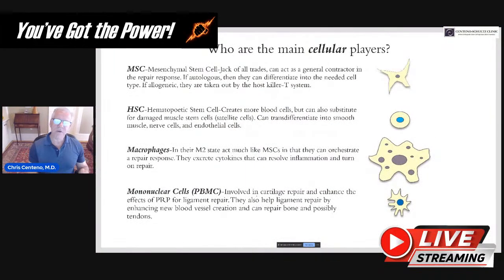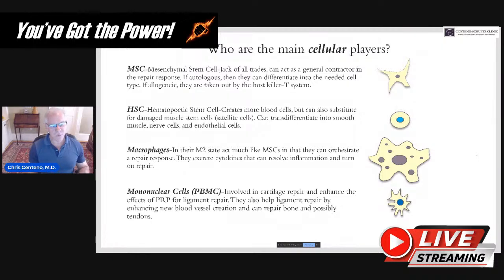But before we do that, we have to learn some of the main cellular players out there. Mesenchymal stem cells I've talked about a little already, and they're sort of jack of all trades cells. They can act as a general contractor in the repair response. We've talked about that. And they can also differentiate if they're autologous.